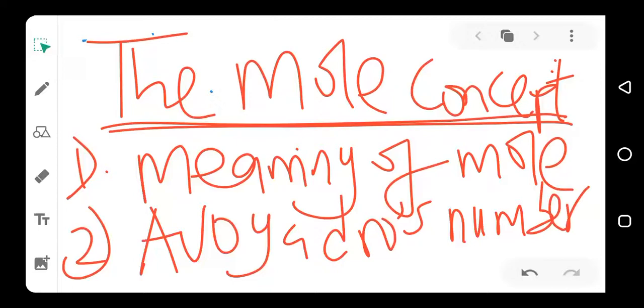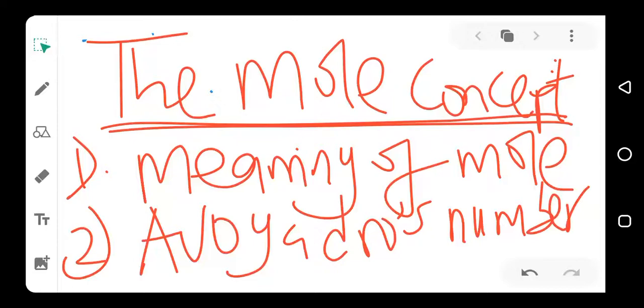They talk about a dozen oranges, a dozen eggs, a dozen biros, a dozen books, a dozen of this and a dozen of that. For chemists, what replaces dozen is what we call the mole.